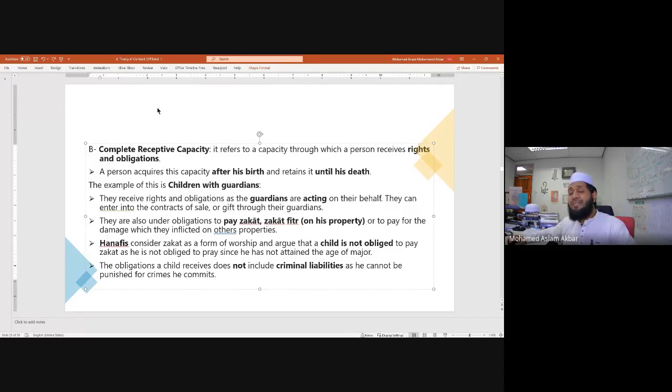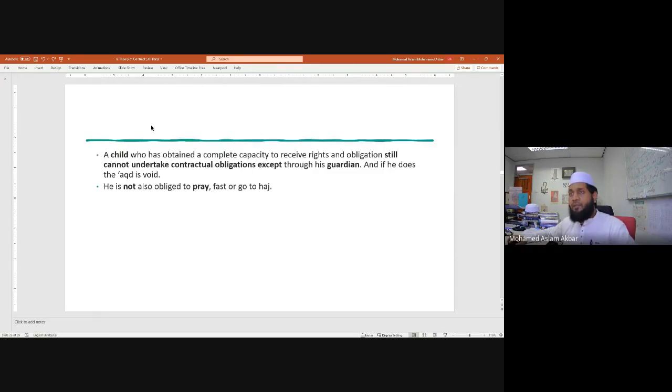So this is the example and also the definition of complete receptive capacity. A child who has obtained a complete capacity to receive rights and obligations still cannot undertake contractual obligations except through his guardian.